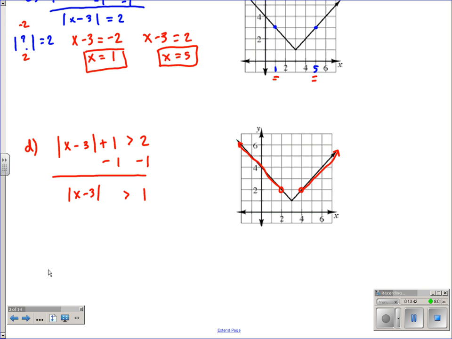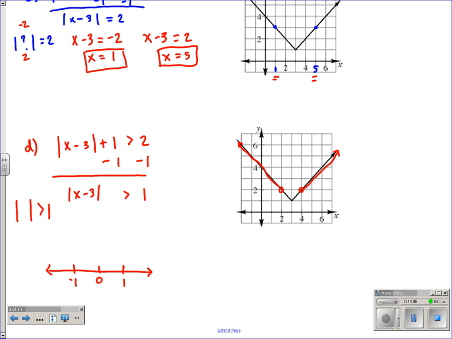And if you think about it on a number line again, just thinking separately here from this, we're just thinking about what values would make this true. Well, if we had 0 here, and we were talking about 1 unit away from 0, you have to think about negative 1 and positive 1. Those are each exactly 1 unit from 0.